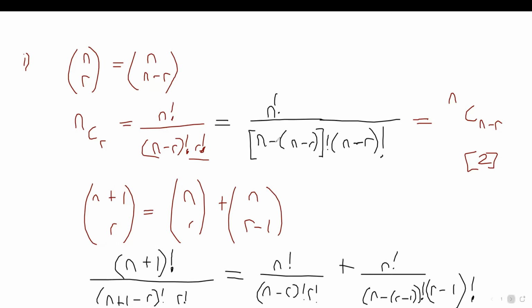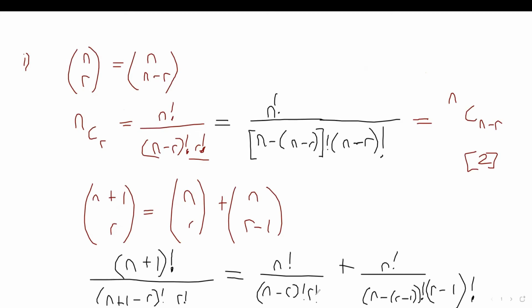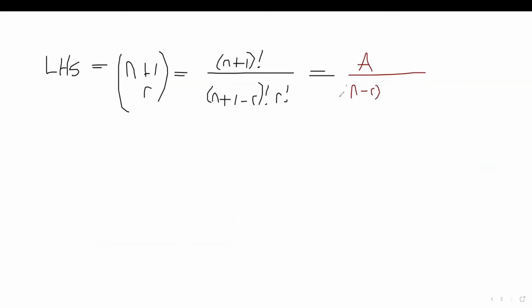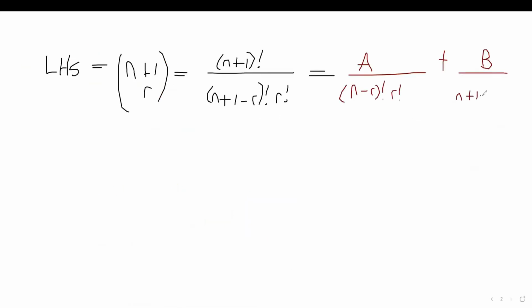Remember partial fractions? With partial fractions, we can break this up as A over n minus r factorial times r factorial, plus B over n plus 1 minus r factorial times r minus 1 factorial.